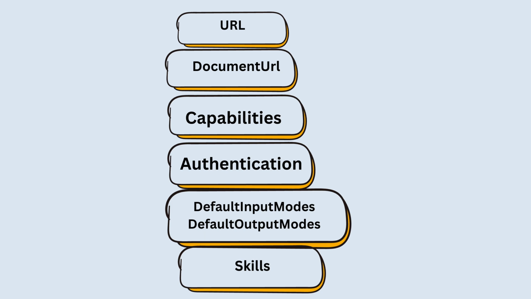Okay. Then authentication, what kind of authentication is needed in order to connect to this agent and send the task request to this agent. Okay. Then default input mode or default output mode, whether it is going to be text mode or audio mode or data mode, what exactly will be the mode.